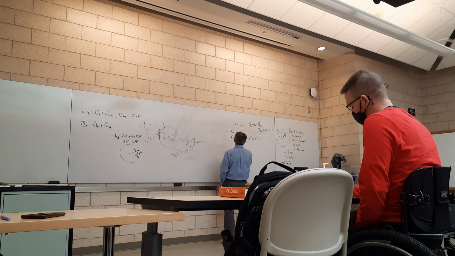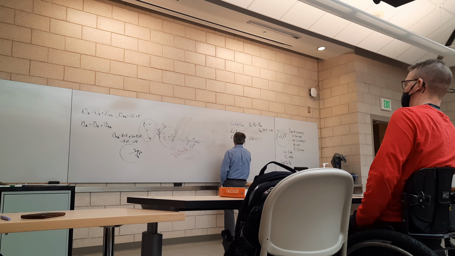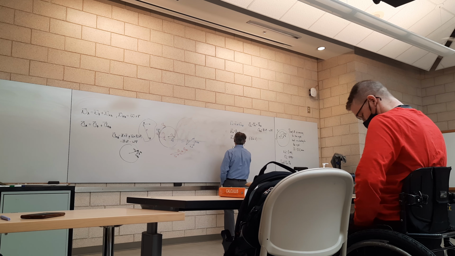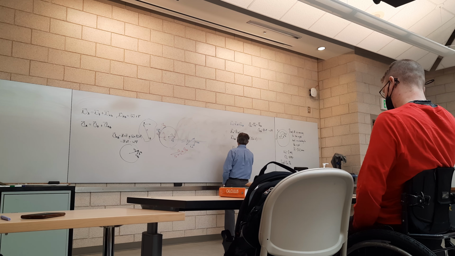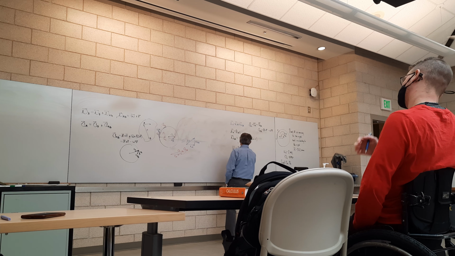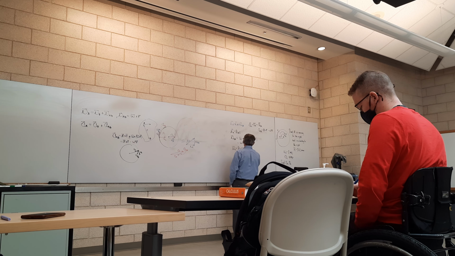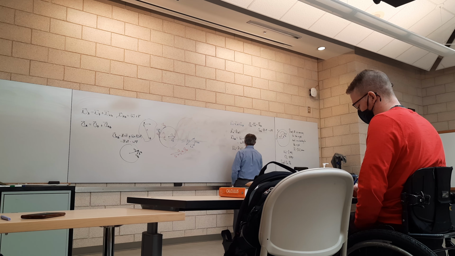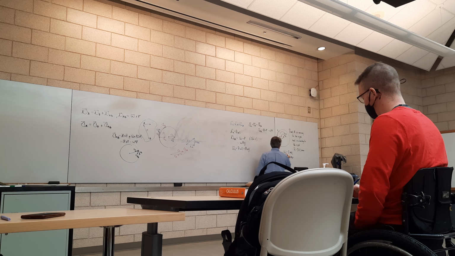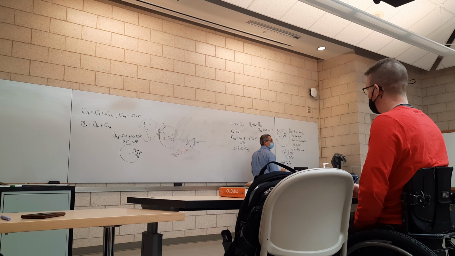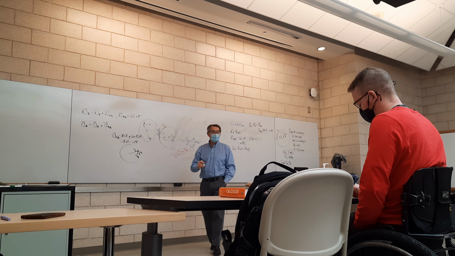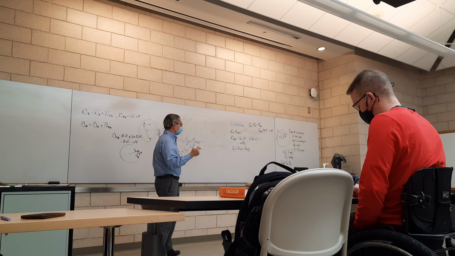So what we've got now is this term here and this term here. So our velocity of C is equal to R times omega in the I direction, plus R times omega in the J direction. And we're told that the magnitude of the velocity of C is equal to 2.